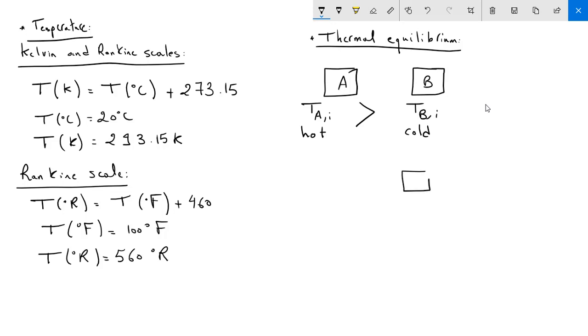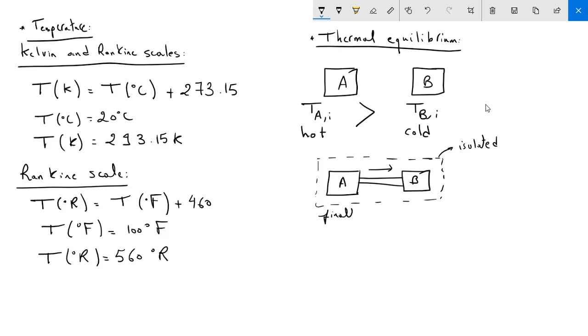If we connect the two objects by some conducting material, and we isolate the two objects from the surroundings, so they are not allowed to exchange any type of energy with the surroundings, this is an isolated system. Heat transfer will start to occur between objects A and B, and heat transfer will always be from the hotter object to the cold object.